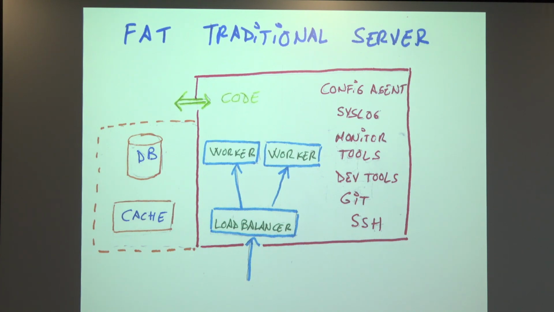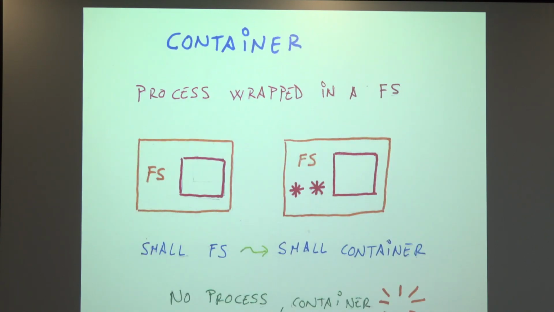And the problem is that it doesn't work. That's not the proper way, in my opinion, to use Docker. I think the best way of thinking of containers is as a process wrapped into a file system. You get your process, which is maybe a web server or maybe something else, and then you have a full file system surrounding it.